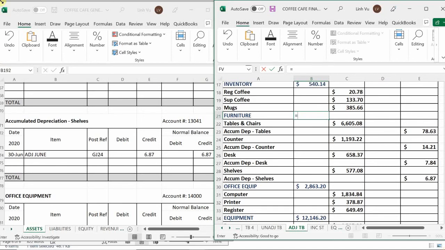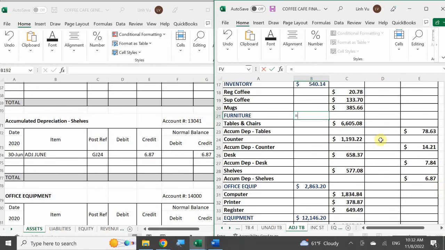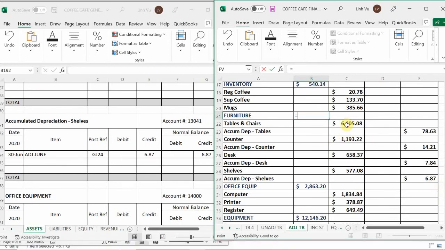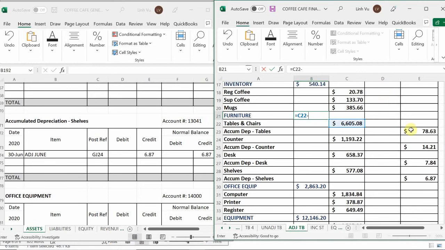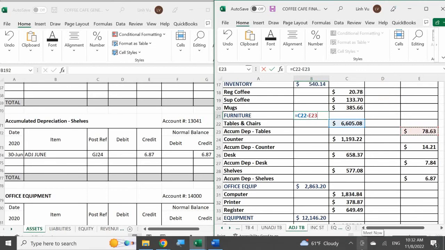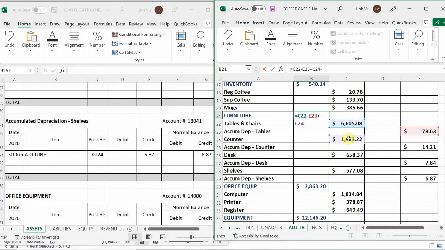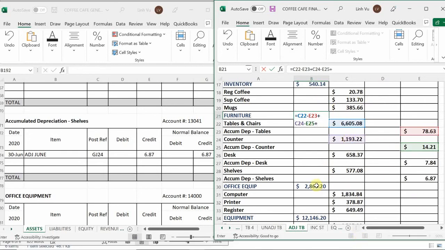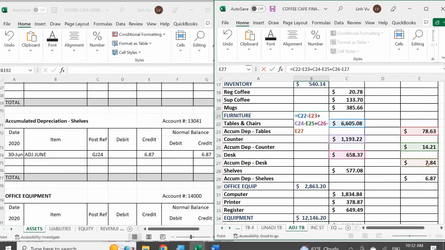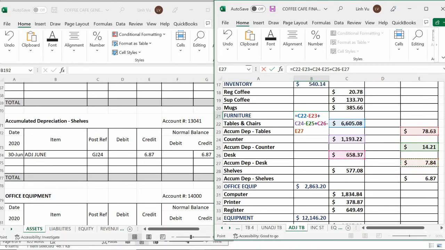But in this case, I'm going to do it like this, where I'm going to put in my tables, but I'm going to subtract my accumulated depreciation. I'm going to add my counter, but I'm going to subtract my accumulated depreciation. And then I'm going to add my desk, but I'm going to subtract out my accumulated.